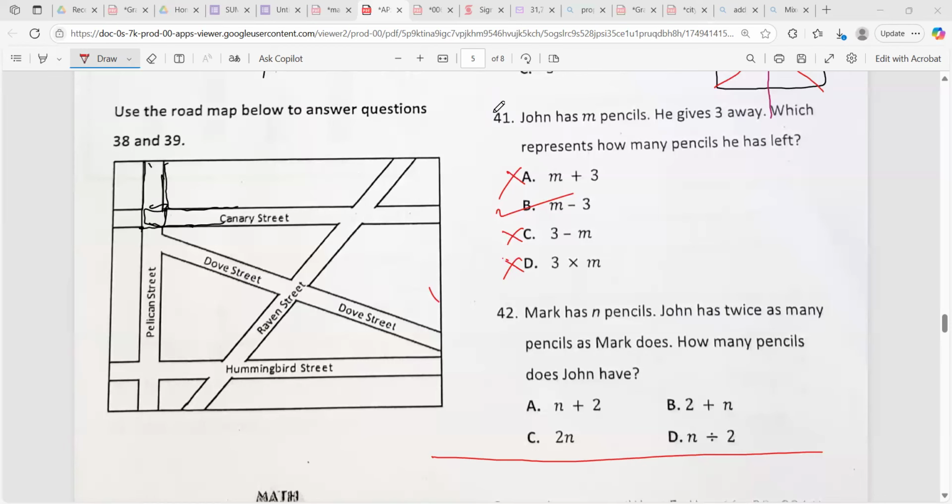The question says, Mark has N pencils. John has twice as many pencils as Mark does. How many pencils does John have? It could be A or B because it says twice, and twice means you're supposed to multiply. It could not be D because it is dividing.